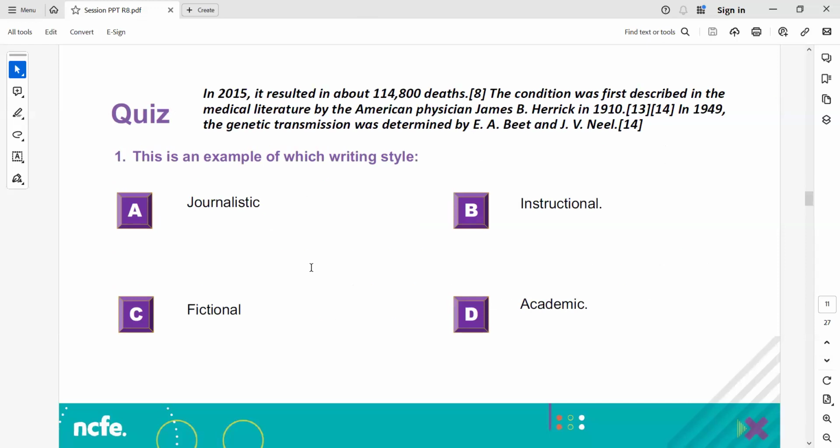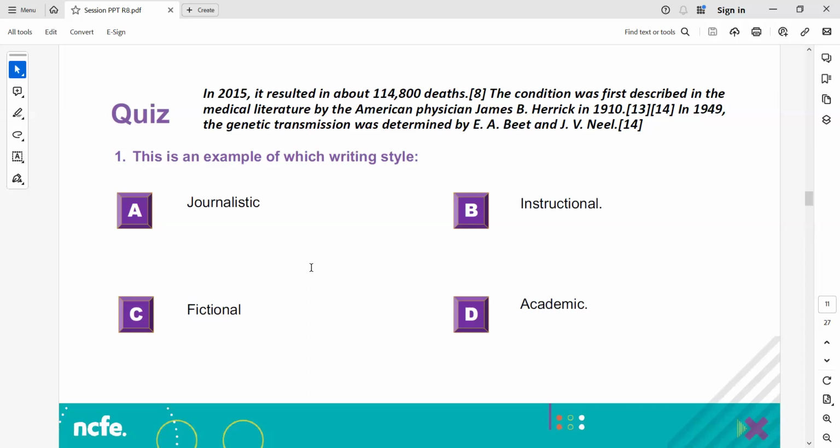Okay, so I'll read out this short paragraph at the top. In 2015, it resulted in about 114,800 deaths. 8. The condition was first described in the medical literature by the American physician James B. Herrick in 1910.